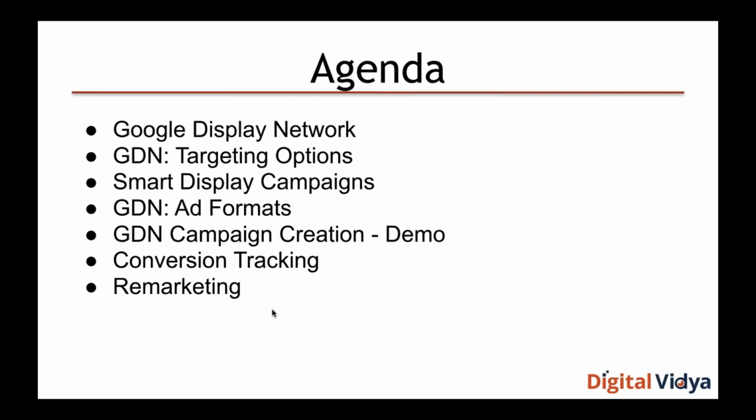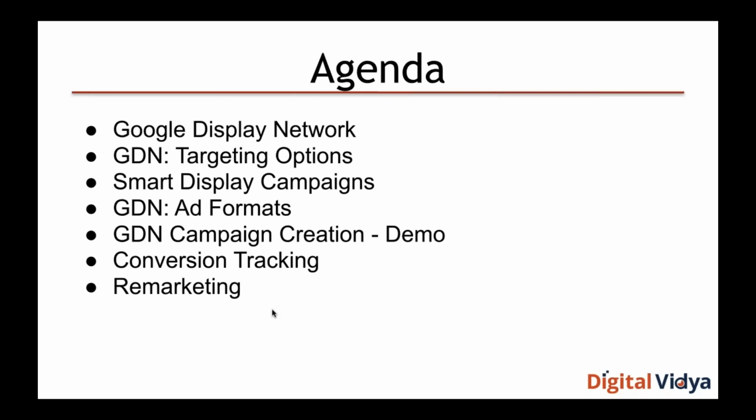I'll start with the agenda. If you still have any questions, you can ask. So today we are going to discuss conversion tracking, and then we will move on to Google Display Network, where we will discuss the targeting in Display Network and the ad formats that are there. We will understand how to create that campaign. We will understand some variations of it as well, like the smart display campaign from the last couple of years.